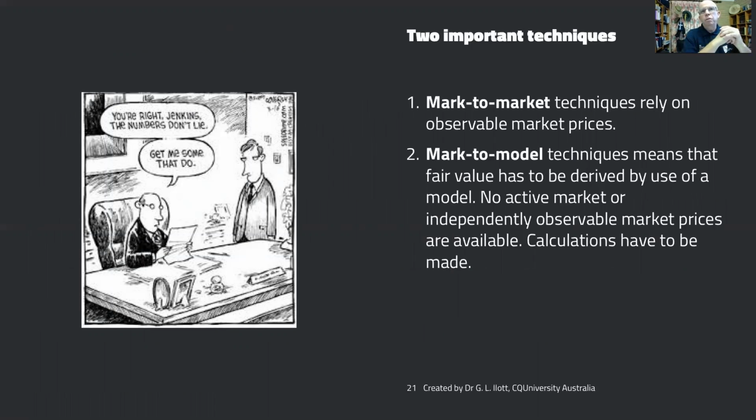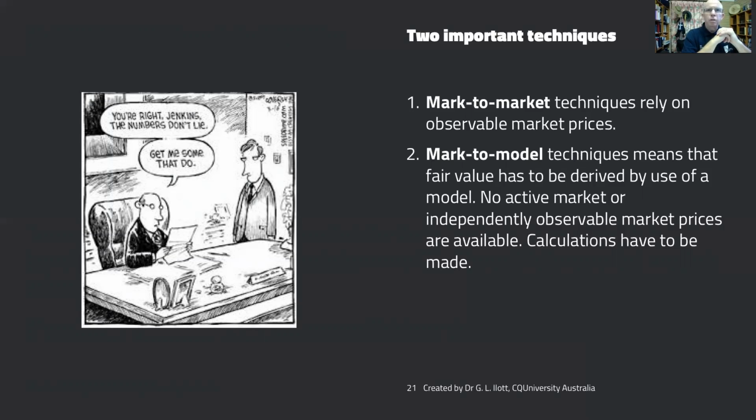The first two measurement models that we'll see on the next slide are mark-to-market techniques. And this is what you use if the asset is represented by an observable market that has prices that are quoted publicly. And the first one that comes to mind with this is the share market.